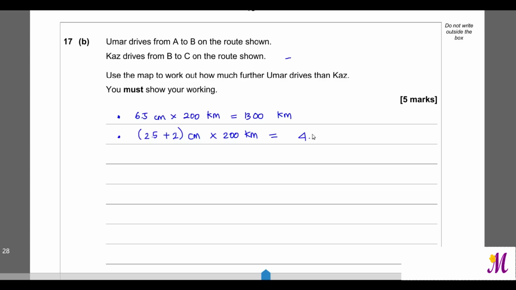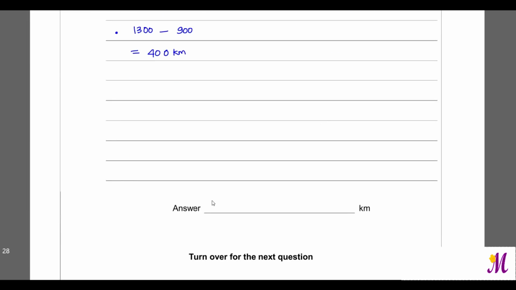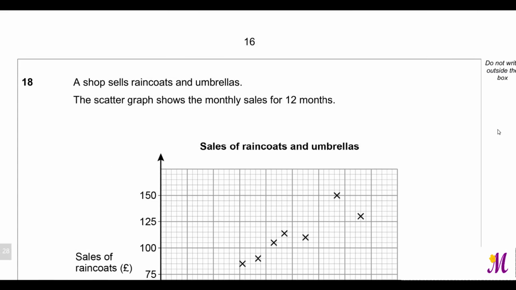So we have 4.5 times 200, that would be 900 kilometers. Now the question was, how much further does Uma drive than Cass? Uma drives this number and Cass this number. So the answer will be 1300 minus 900, which is 400 kilometers. Let's write it down here, 400, and kilometers here.